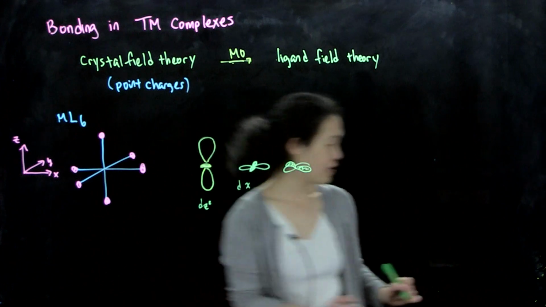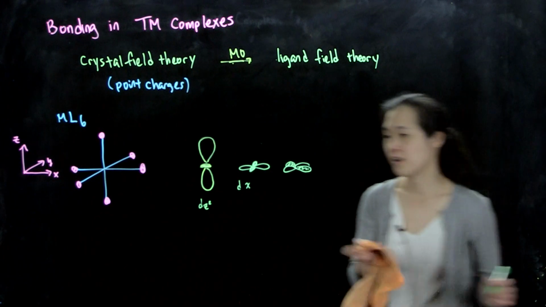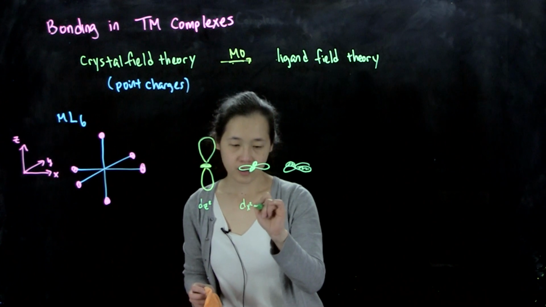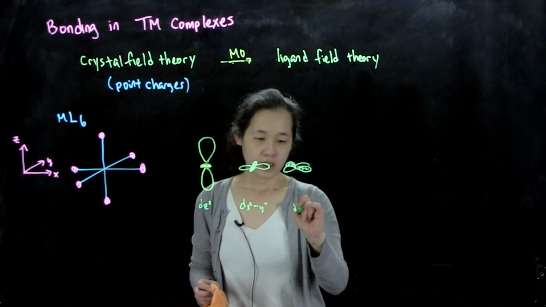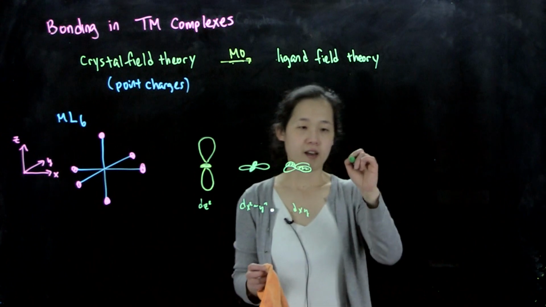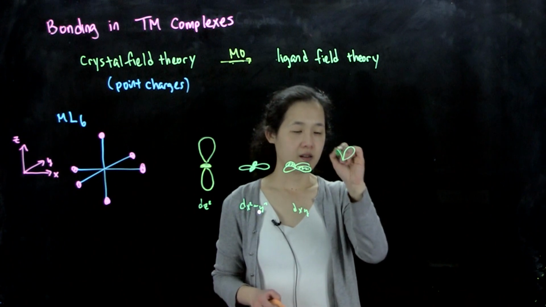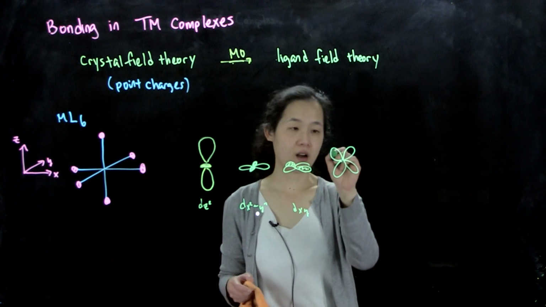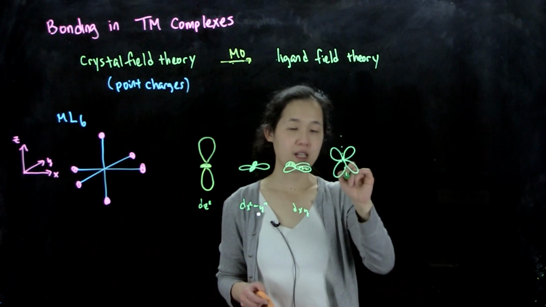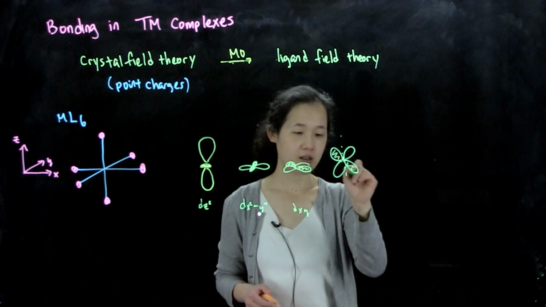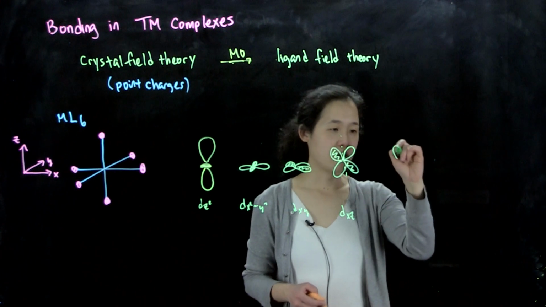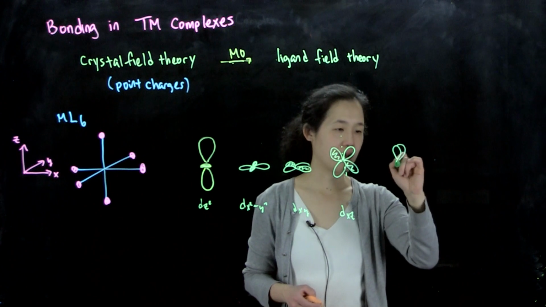Then we have dxz, where the x and z axes go in between, down the nodal planes. And then dyz, going into the board this way.